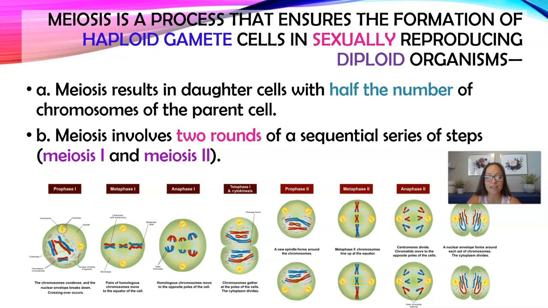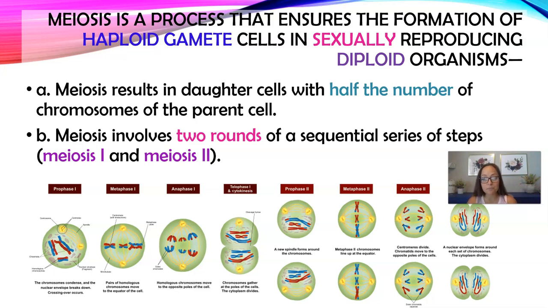So in S phase, when we go through DNA replication and the chromosomes duplicate, in the first round of division, in meiosis 1, we want to make sure that we separate all of those pairs of chromosomes. That's how we create cells with half the number.